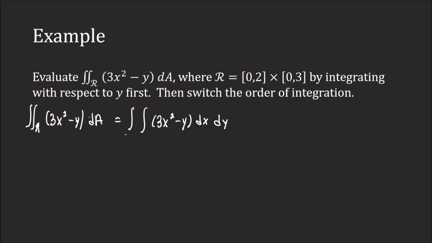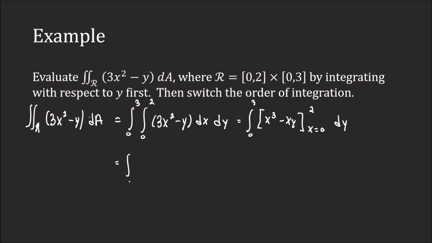Right, so it'll be 0 to 3, then 0 to 2. So now we'll get the integral from 0 to 3. So we'll have x cubed minus x times y, evaluated from x equals 0 to 2.